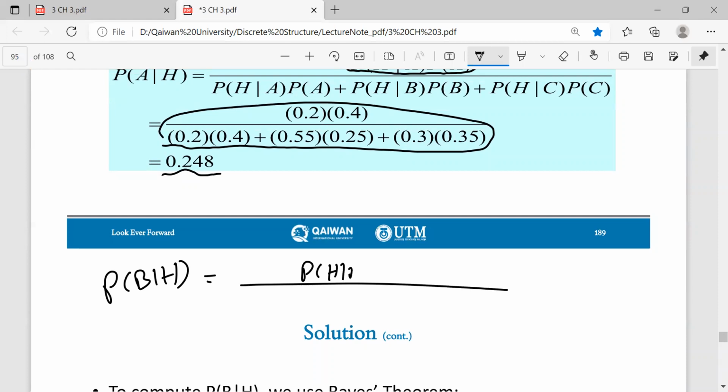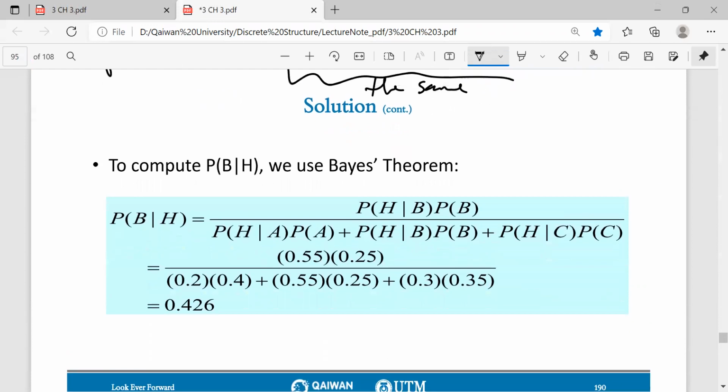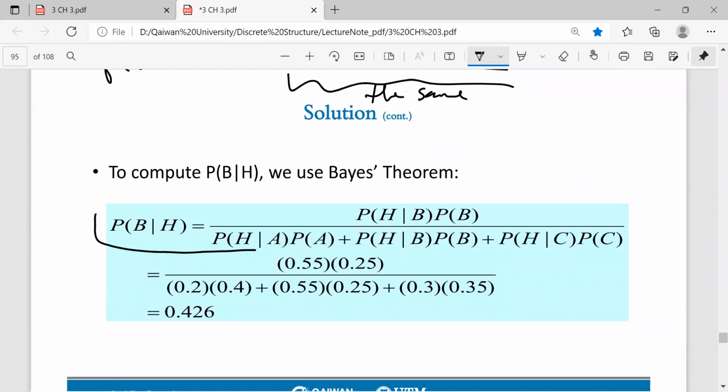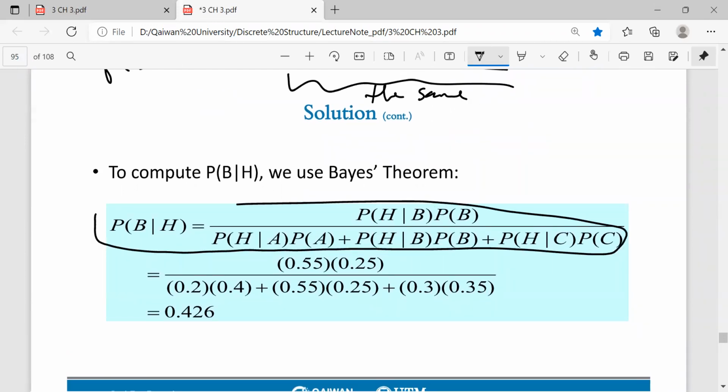This is the rule. And here we found the probability of H given A, given B, given C, and we also found the probability of A, B, and C. That's given in the table. We just put these values here to get the results.